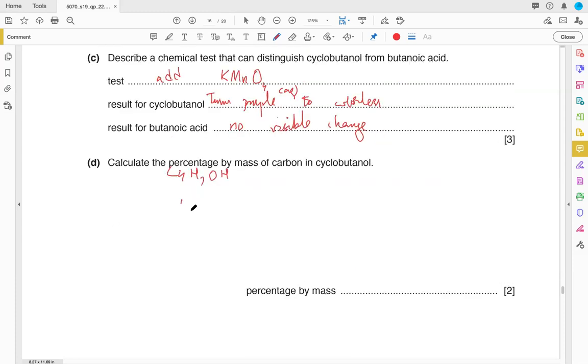All right, so carbon is 4 times 12, divided by the Mr, which is 4 times 12 plus 8 times 1 plus 1 times 16. So you add it all up, 48 plus 8 plus 16, that is 48 over 72, that is 2 by 3, so 66.7%. Multiply by 100%, don't forget to do that.